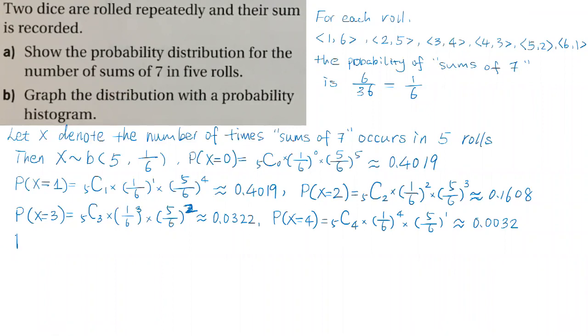Okay. Last, the probability of x being 5 is C(5,5) times 1/6 5 times times 5/6 0 times, which is approximately 0.000129.